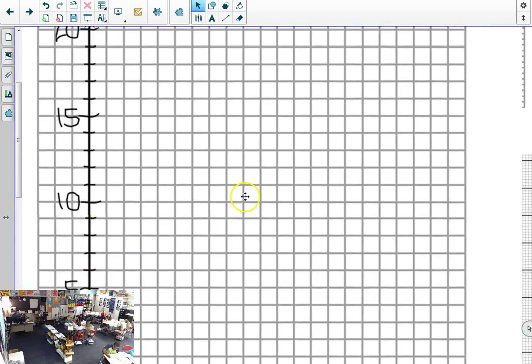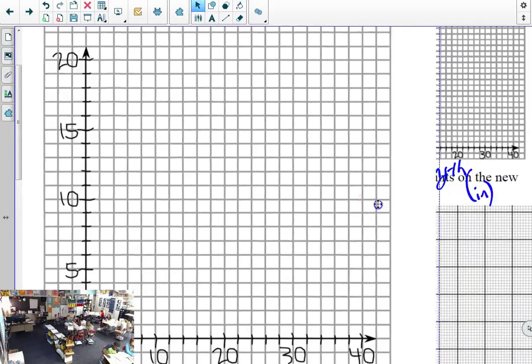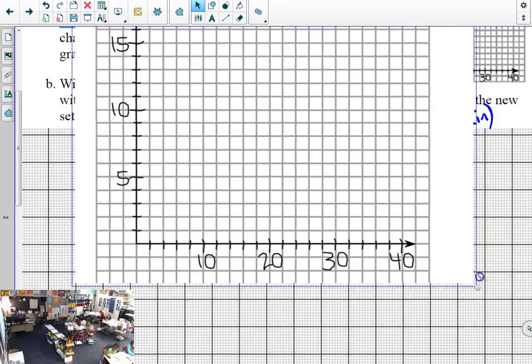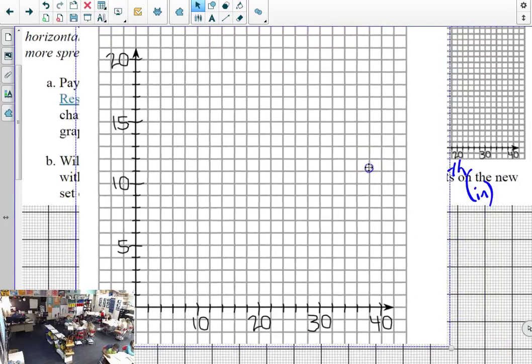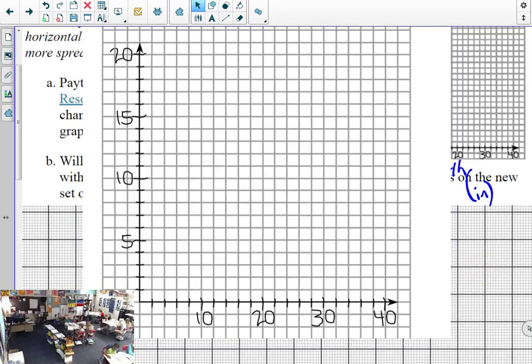We want this graph to be huge. But we need to still see it. But yeah, now we can see it. And get that table up here. And we had 14. Right about that.